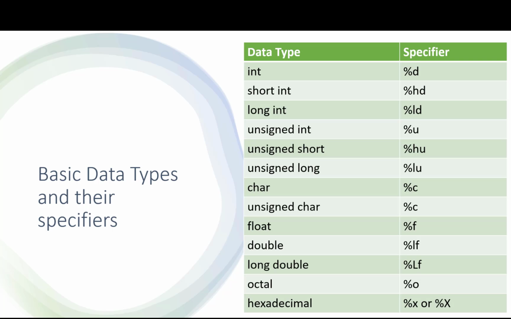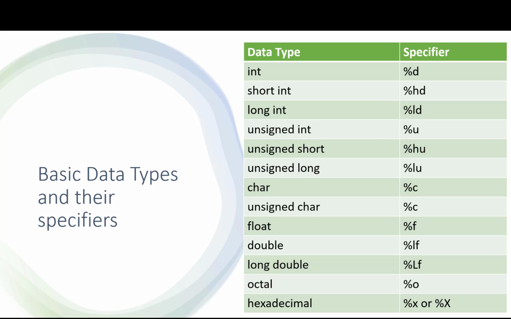The last thing is the specifiers. This is very important. Whenever we want to print the value of any variable, we have to tell what kind of variable it is, and for that we use a specifier which is different for every data type. Either you print the value of the variable or you take as input the value of the variable from the user, you have to tell the specifier for that particular variable.